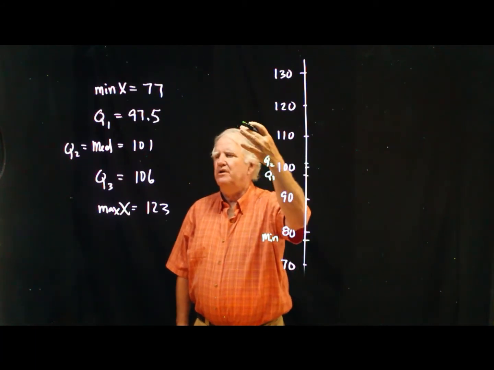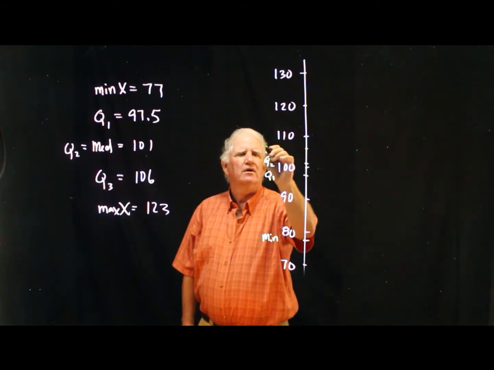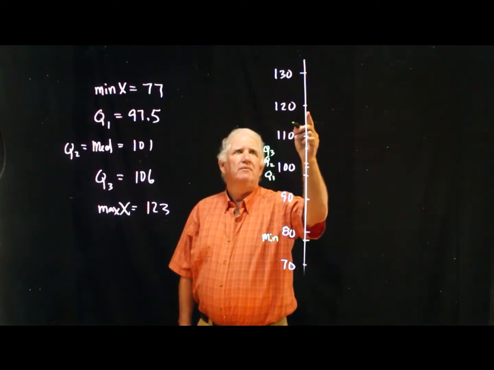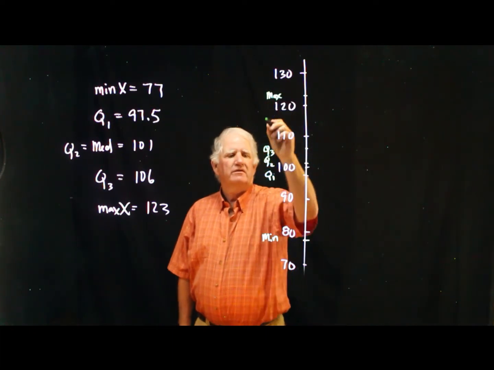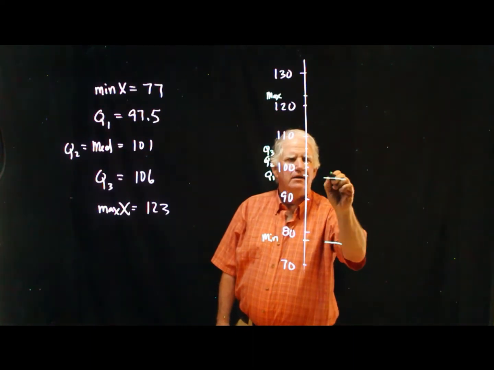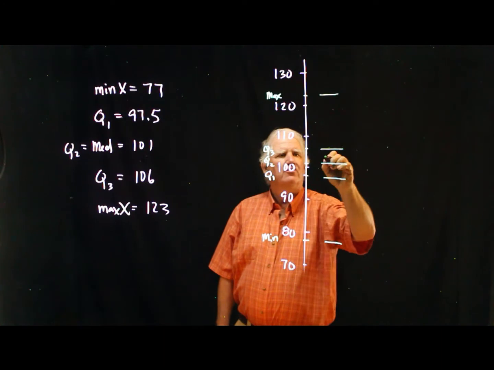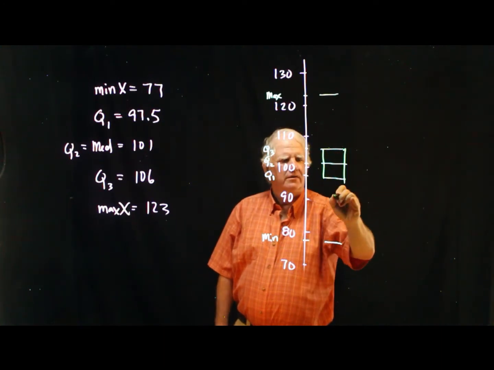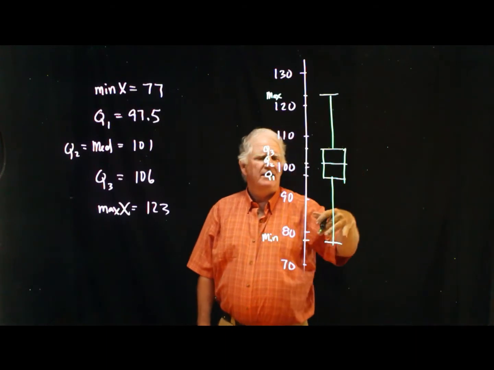Q3 is at 106 right here. And the maximum is at 123. All I have to do is come across here, draw a little line, another, and let me draw the box plot. There's the box, and here are the whiskers out to the max and the min.